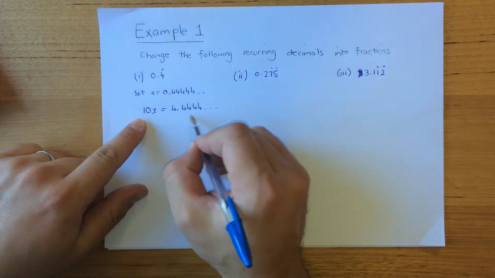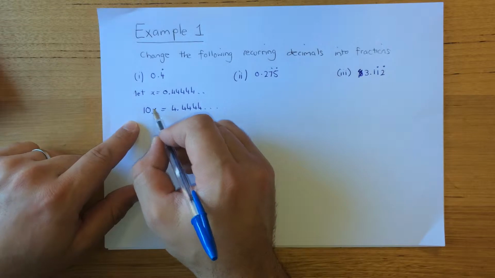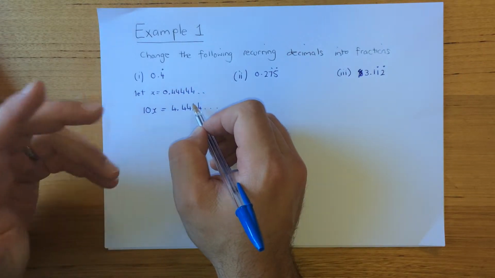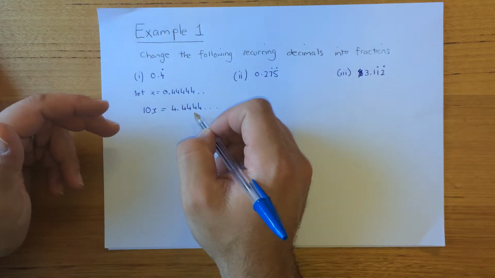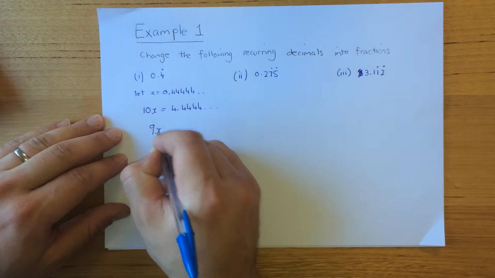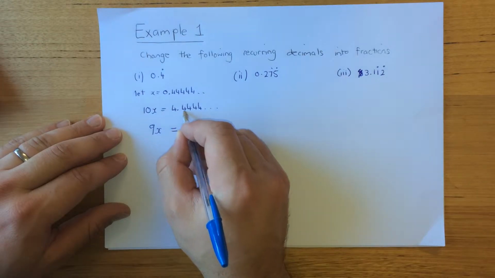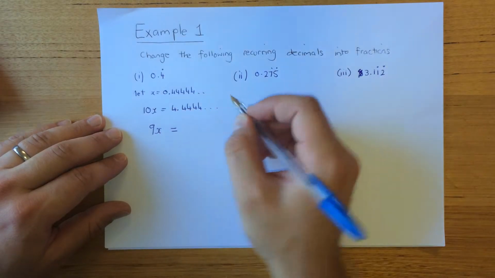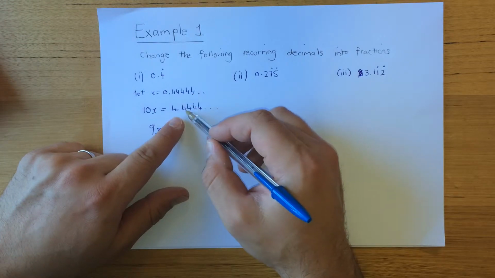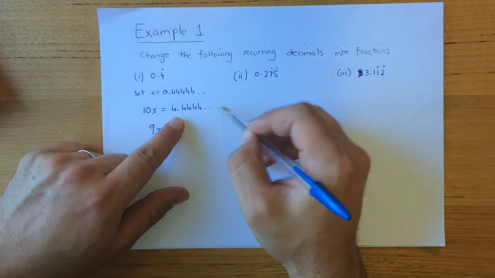I'm going to subtract. Now this is the third step. If you go back to the notes, this is the first step, and it says subtract 1 from 3. So 10x minus x is 9x, and that equals 4.4444 minus 0.4444. Now on your calculator, when you do this minus this, make sure you do the same number of recurring digits.